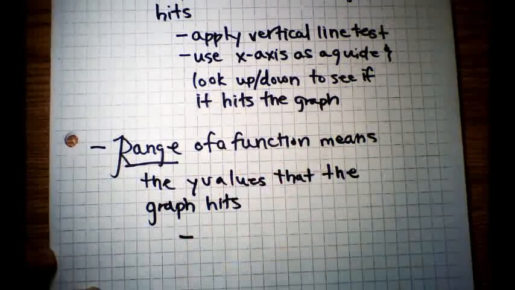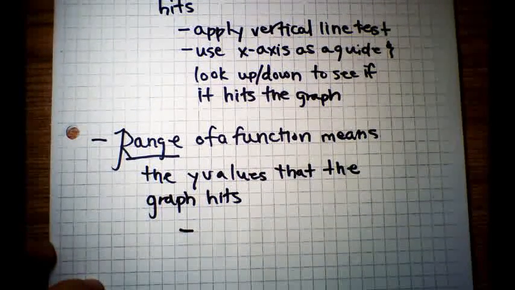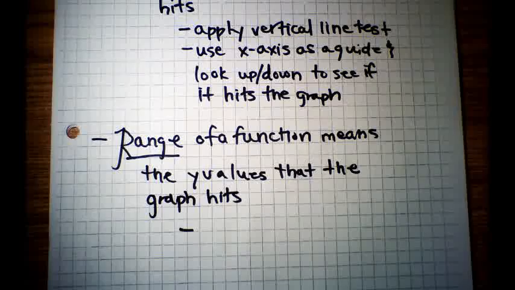And then instead of applying the vertical line test, we are going to use the horizontal line test and use the y-axis this time as a guide to see if it hits the graph.